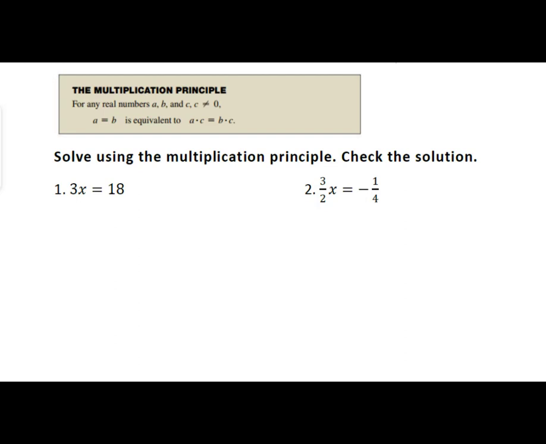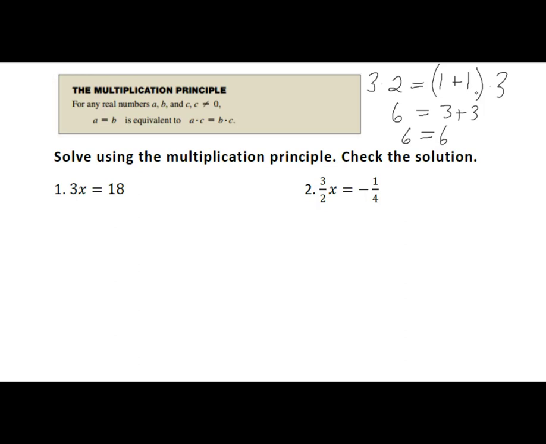So let's say you had 2 equals, and I'll use the same thing, 1 plus 1. If I triple this side and I triple this side, 3 times 2 is 6. And tripling 1 and tripling 1 is 3 plus 3. You can see that 6 clearly does equal 6.